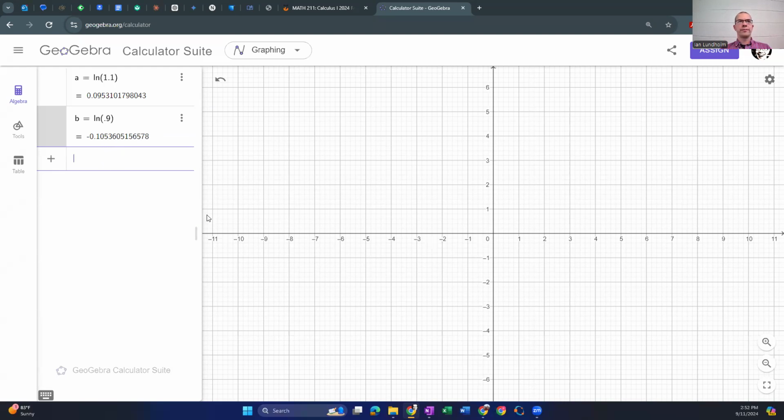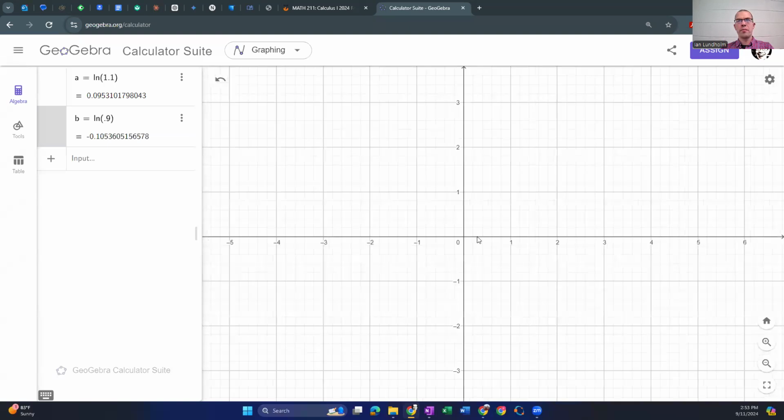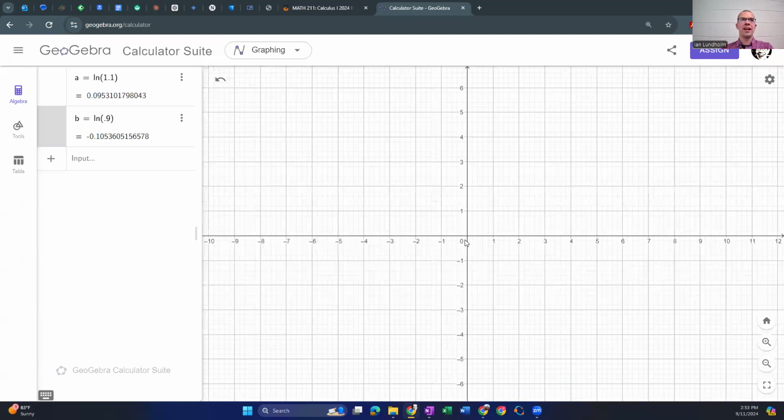And so if we were to plot both of these points, this one is farther away from 0 than this one. It's not a ton farther away, but this one is slightly farther away. So ln of 1.1 is slightly closer to 0.